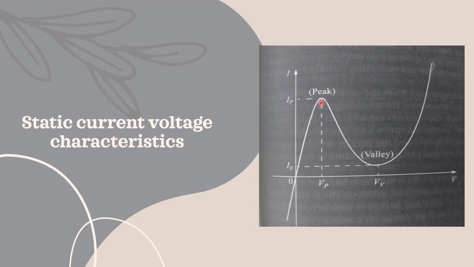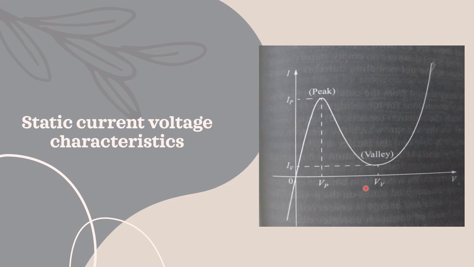Then the current decreases to a minimum value, that is Iv, which is called the valley current, and the respective voltage is called the valley voltage Vv.